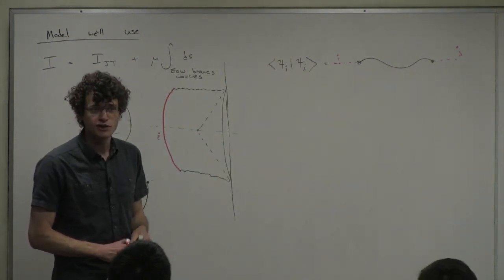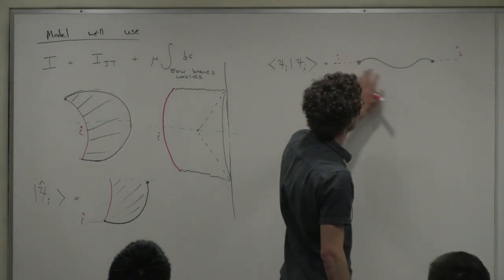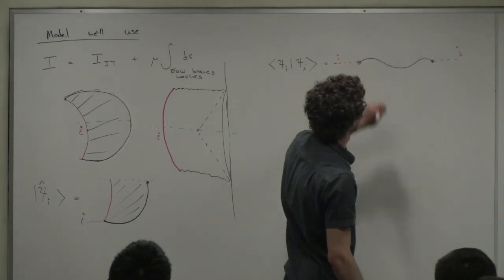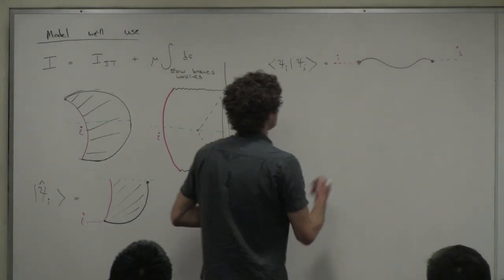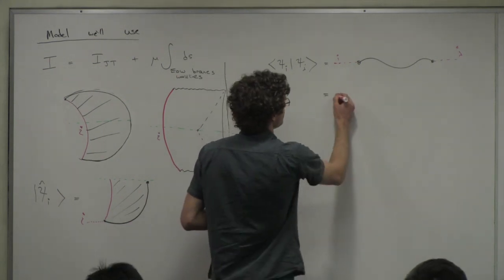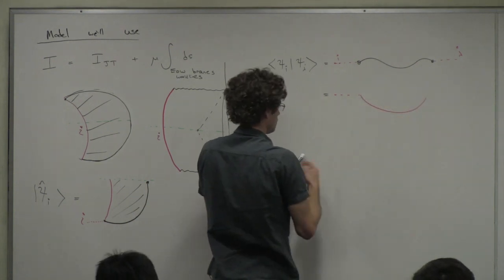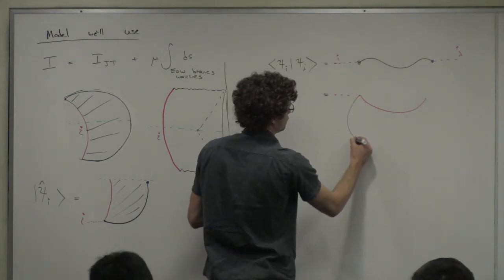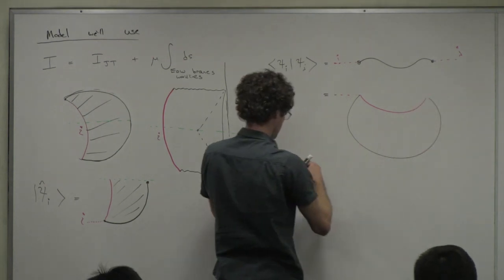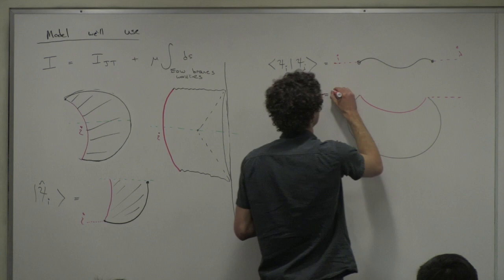And in the gravity theory, what you're supposed to do to evaluate that is find some bulk geometry that's consistent with these boundary conditions. And what that bulk geometry would be is the following. I've just taken the Euclidean thing that we had over here and put it on its side.